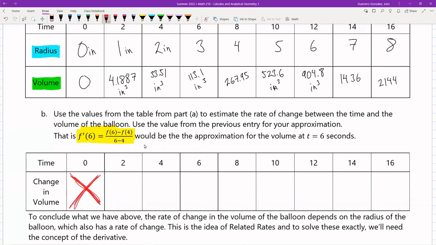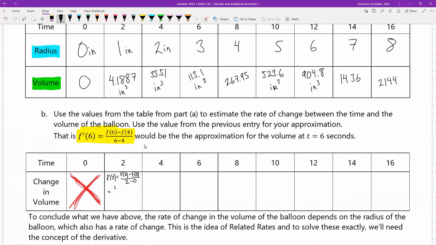But we do have f prime of 2. Okay, so f prime of 2 is going to be, using our example here, f of 2 minus f of 0 all over 2 minus 0. Now we're going to go up here and look.